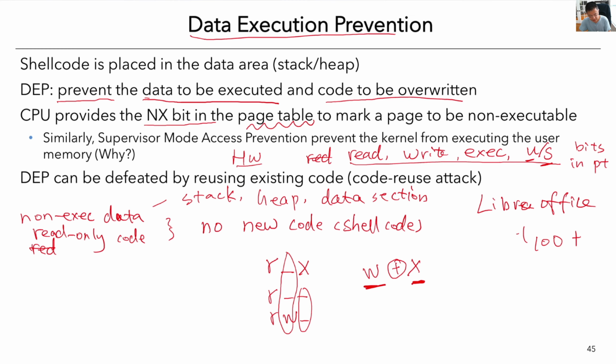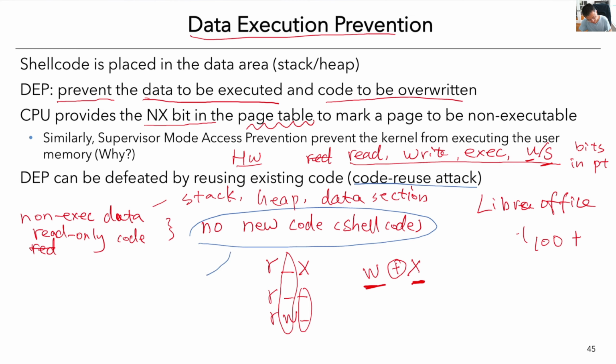Okay, so the data execution prevention prevents you from injecting new code. Right, so there's no new code in your program. So data execution prevention can be defeated by code reuse attack.